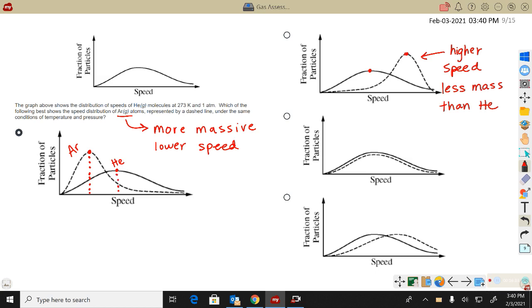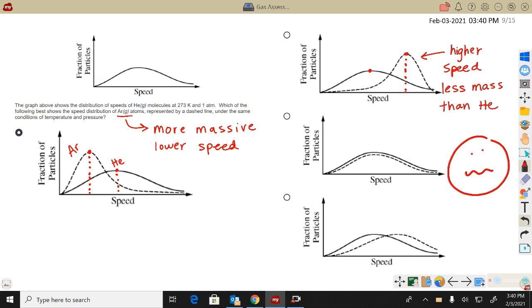Helium is at a higher speed. Something like this top graph, where the dashed line would translate into a higher speed, would be some kind of particle that's lighter than helium, maybe like hydrogen gas? I don't know if there are too many other options. This choice, I don't know what this would be.